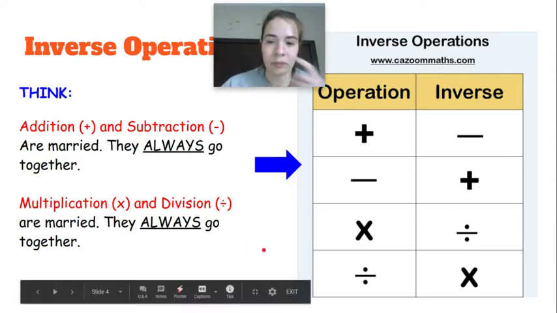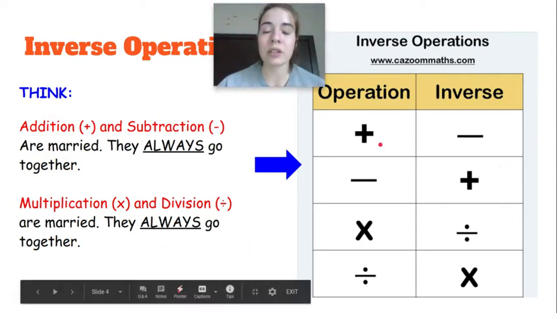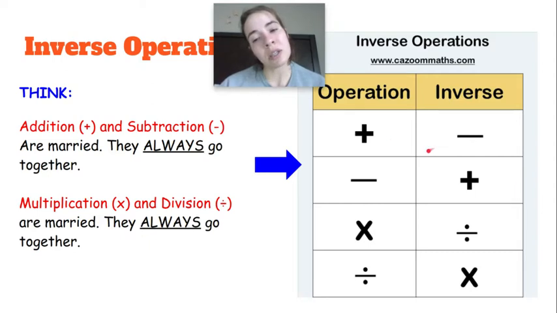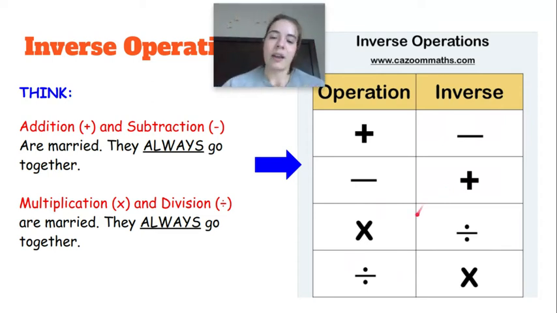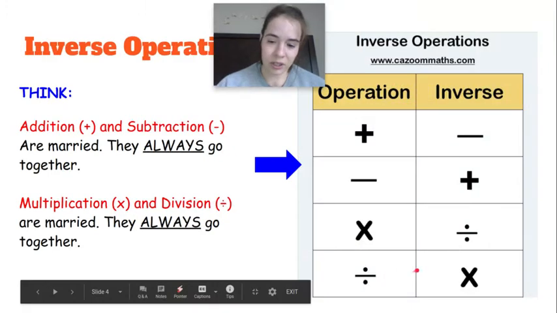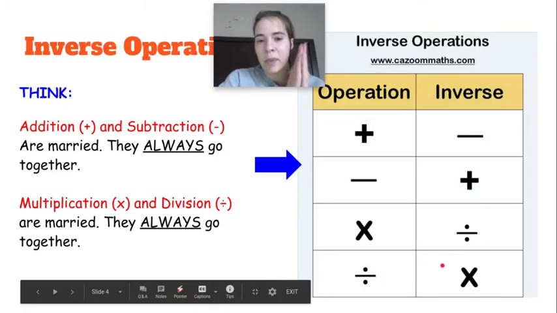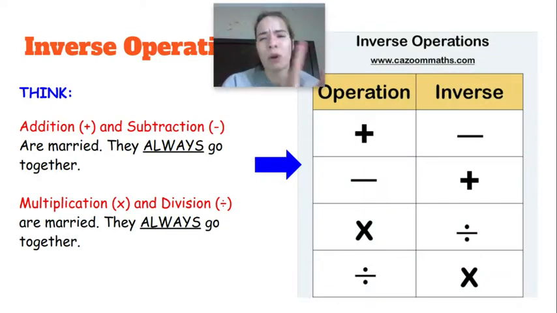So the inverse of addition is subtraction, and that means the inverse of subtraction is addition. Okay, that married couple, addition and subtraction, go together. And then the inverse of multiplication is division, and the inverse of division is multiplication. They are married. They go everywhere together. They love each other for life. Commitment, baby.